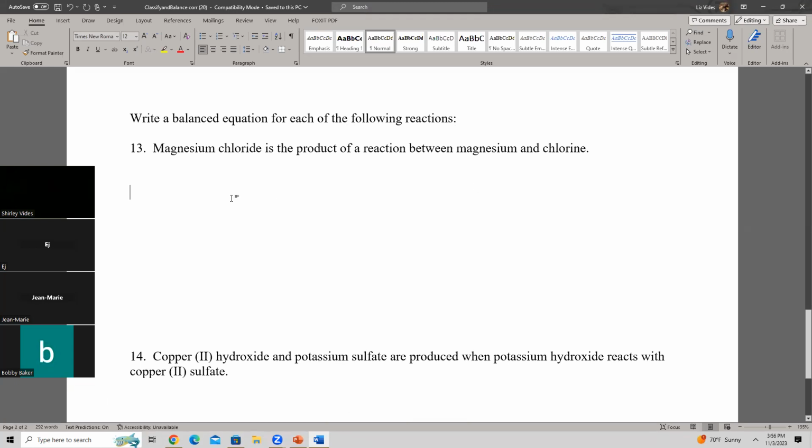Except it cannot be a combustion because there's no oxygen. See? That can only be a synthesis. There's the difference between those two.